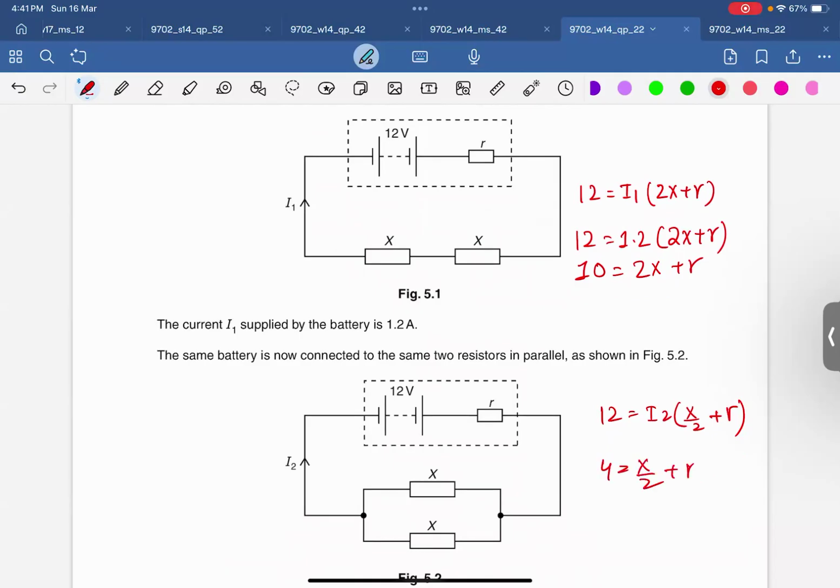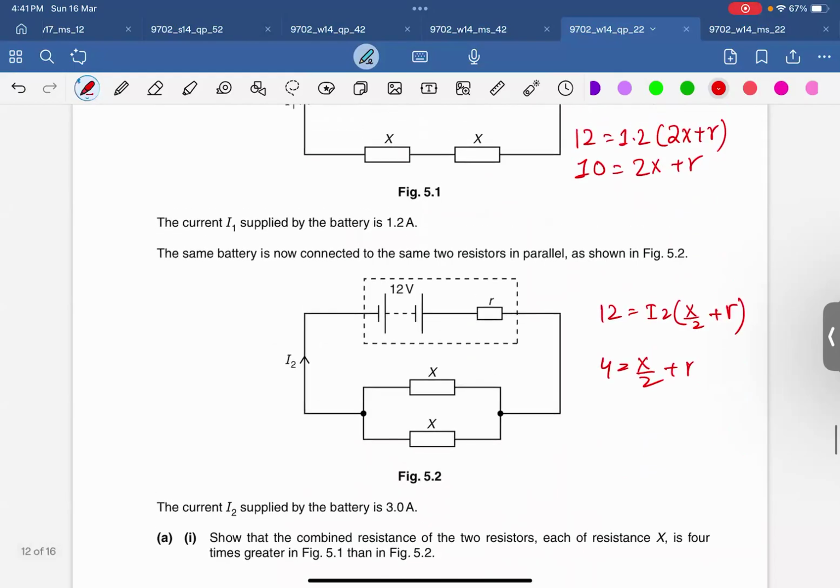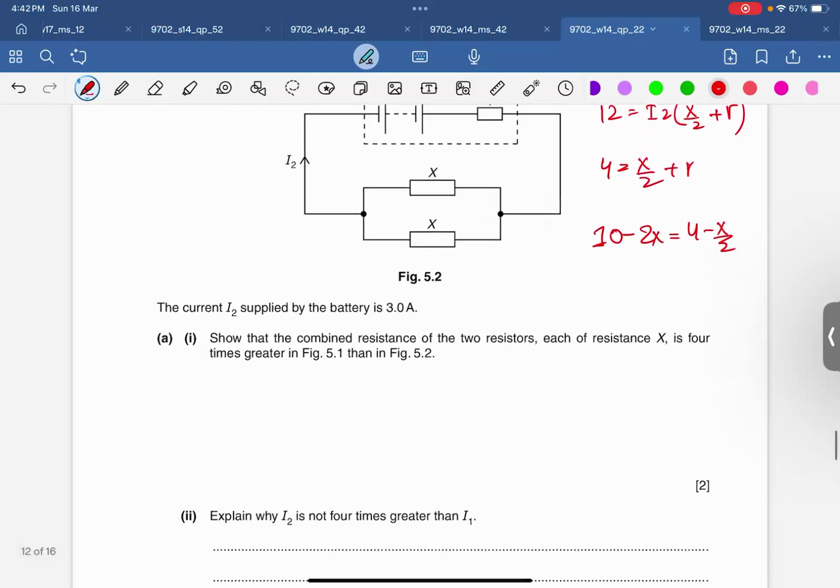Now just make r the subject from both equations and substitute. So 10 minus 2x equals 4 minus x over 2. Now you can simplify it.